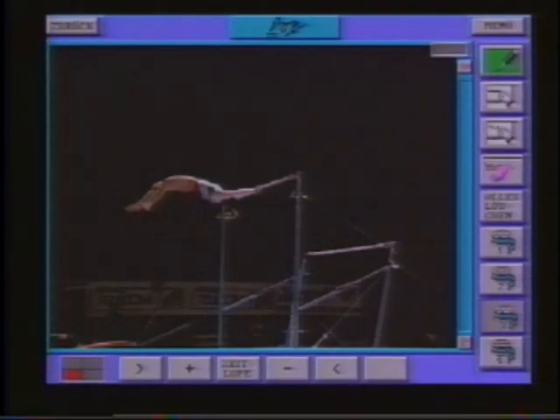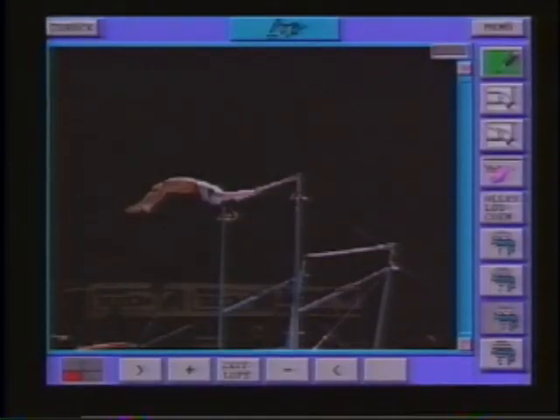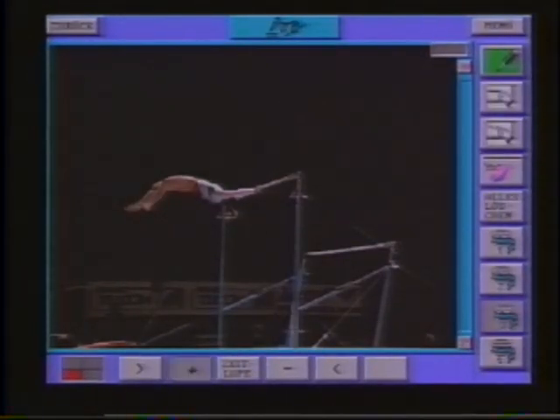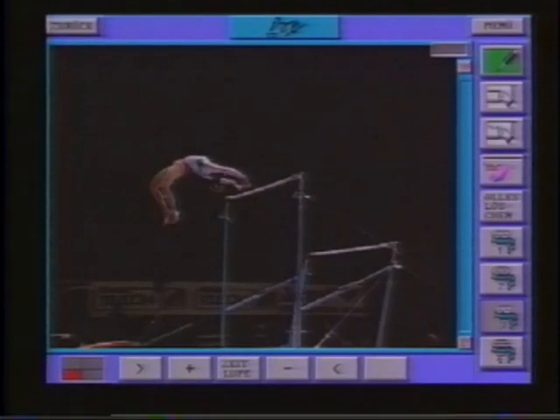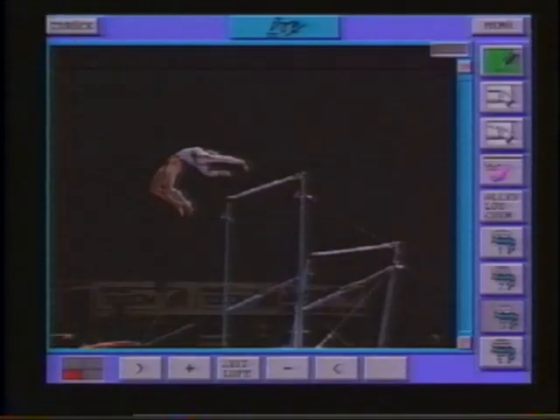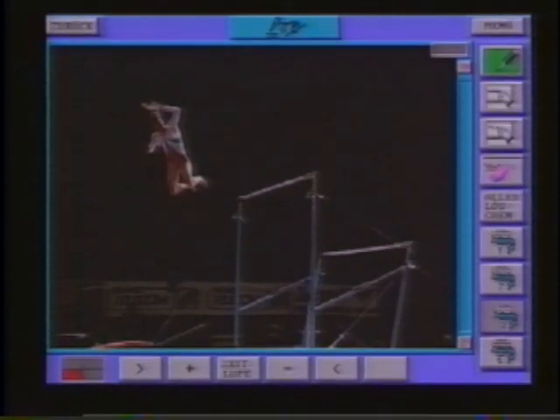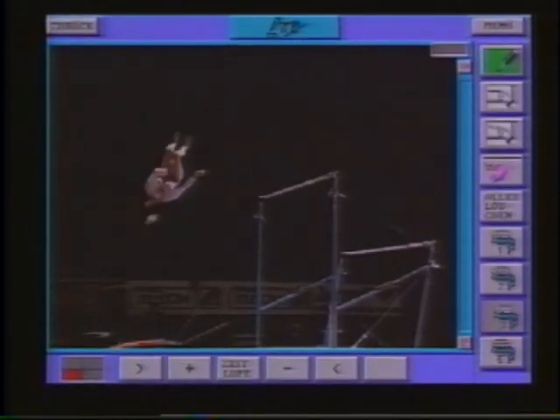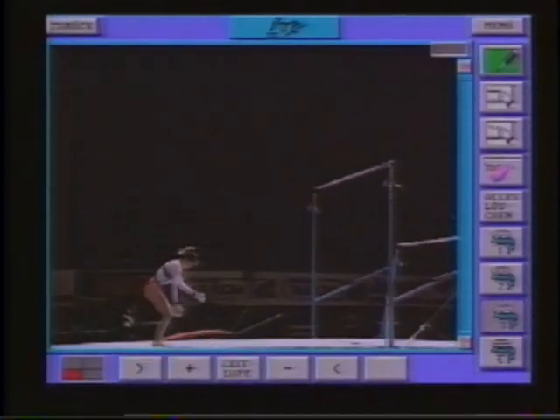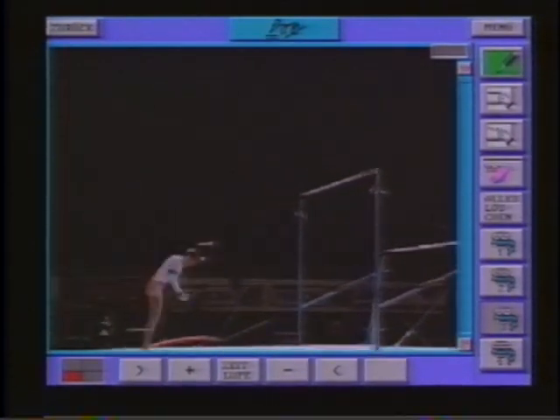Open legs, minus 0.05 to 0.1. A step on the landing, minus 0.1. In total, minus 0.25 to minus 0.3.